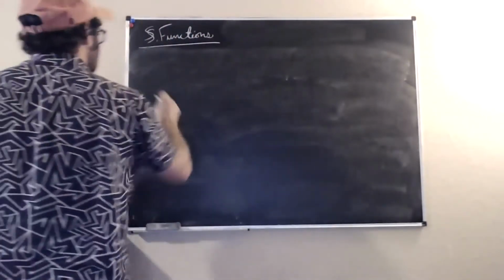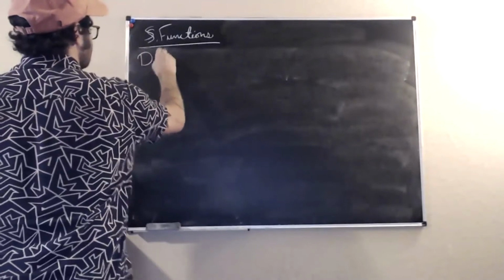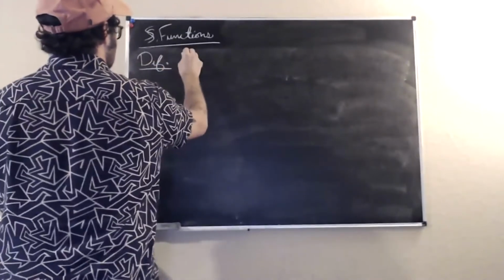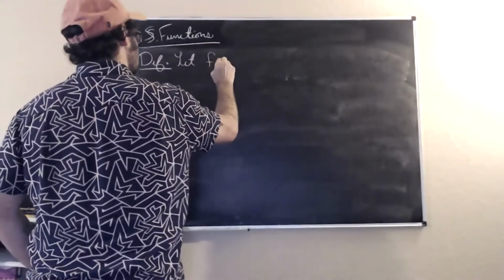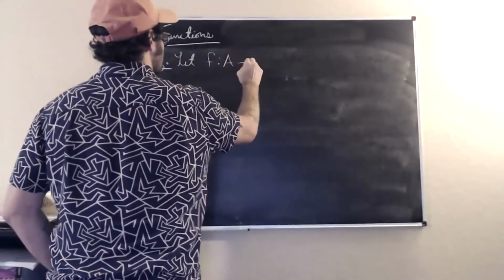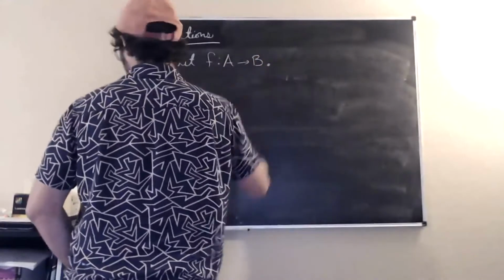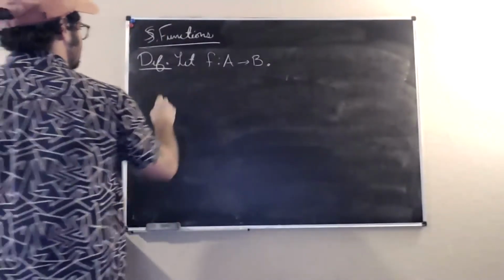Okay, so another definition. So let f map A to B. All right, so this is a three-part definition.